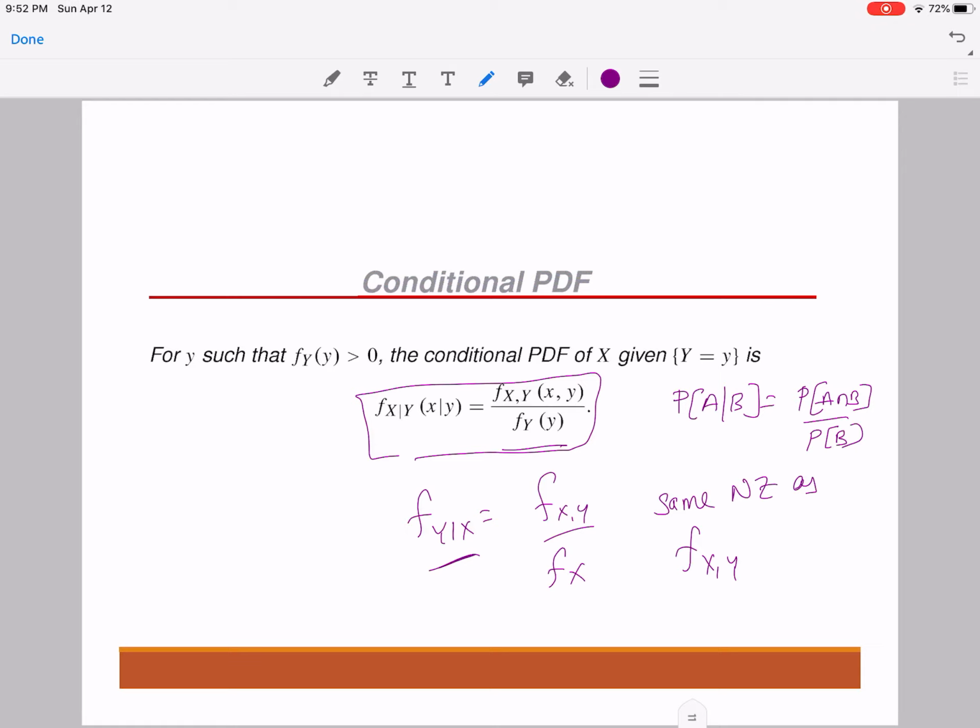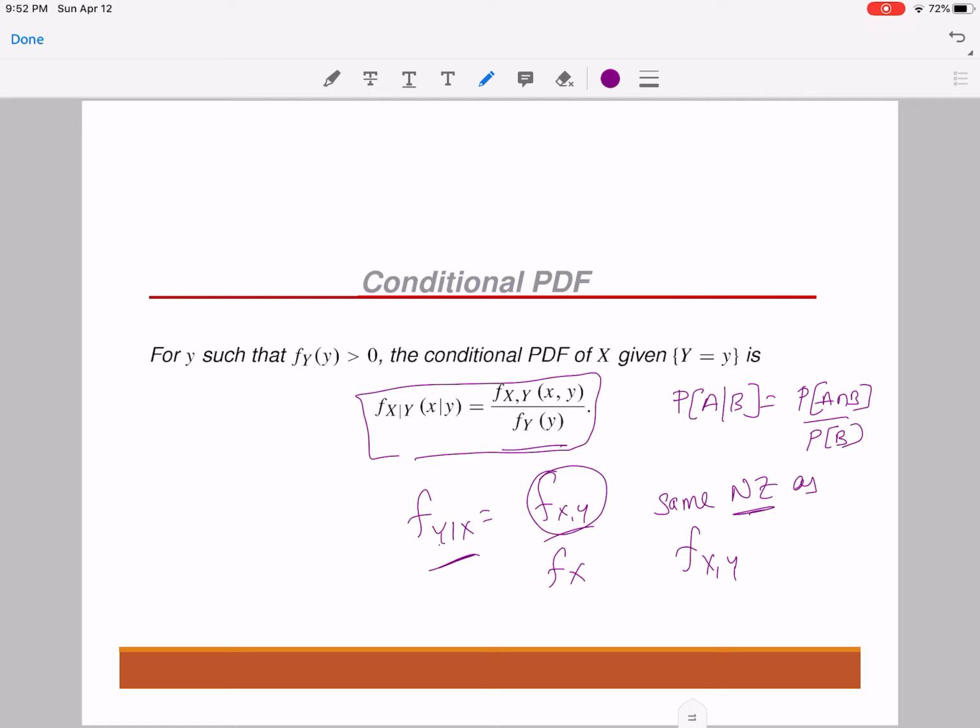We should always remember that, because ultimately the conditional PDF of a random variable with respect to the other depends on the other random variable. Essentially, it uses the same region of non-zero probability as its joint distribution, unlike the conditional PDFs obtained by conditioning on an event, whose non-zero probability region is actually NZ intersection event B.